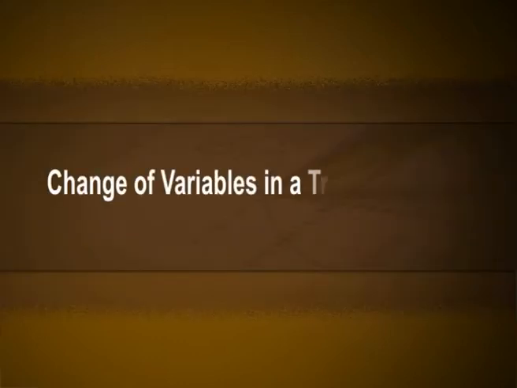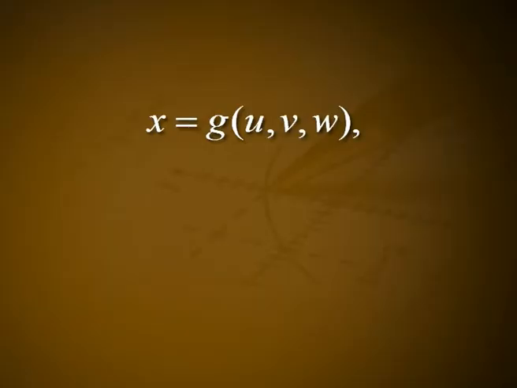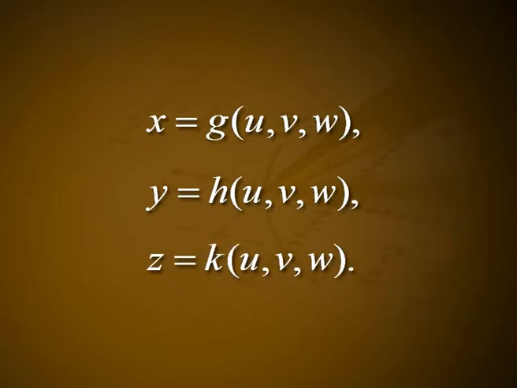Change of variables in a triple integral, substitution in triple integrals. Suppose that a region G in UVW space is transformed one to one into the region D in XYZ space by differentiable equations of the form x equals g(u,v,w), y equals h(u,v,w), z equals k(u,v,w).